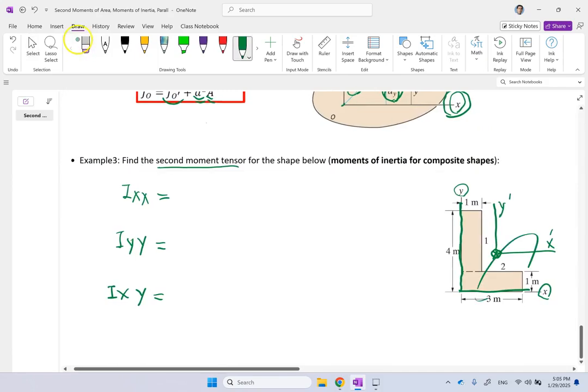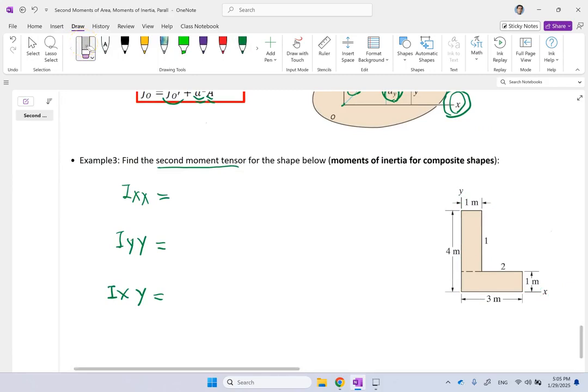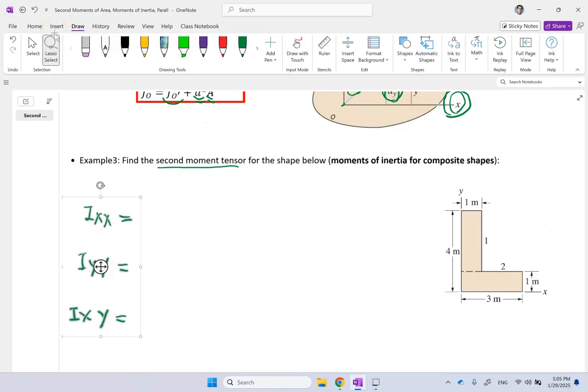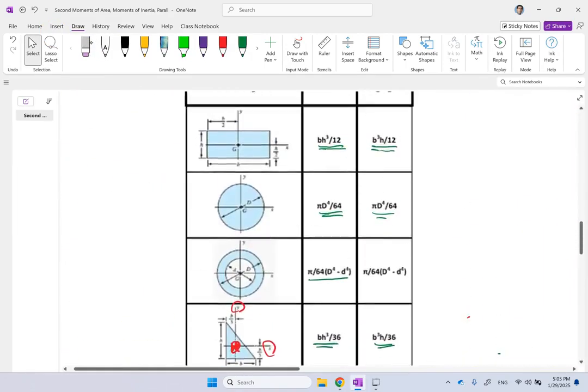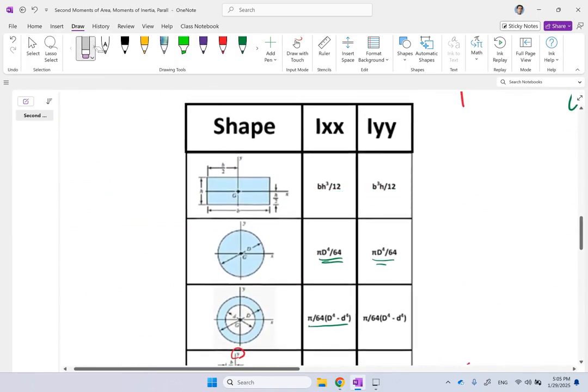So what do we do here? This L shape is given, and we are going to find these numbers. How do we do it? Well, we need to use the formula that we just learned earlier. We learned that for a rectangle with B and H, Ixx, and look, this X here is the same as the primes in those formulas.